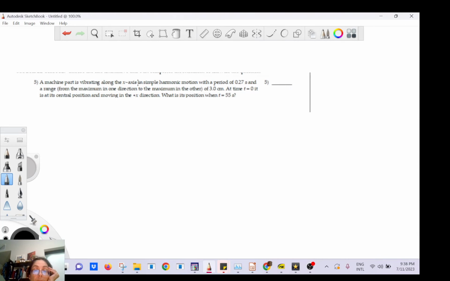Okay, so it's a machine and it's vibrating, and you have the period T. Okay, so if you have the period T, you have omega equals 2 pi over T, and you get 23.3 rad per second.